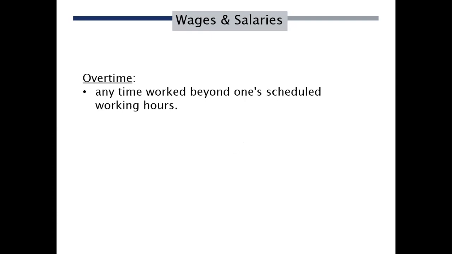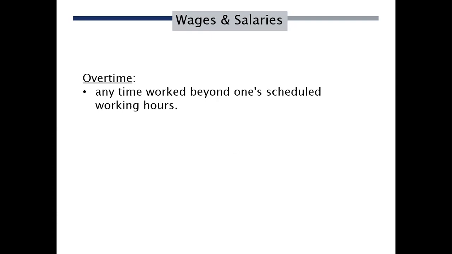All right, let's talk about overtime now. Any time worked beyond one's scheduled hours is considered overtime. So let's say your job description says that you're to work 40 hours per week. Well, anything in addition to those 40 hours would be considered overtime.